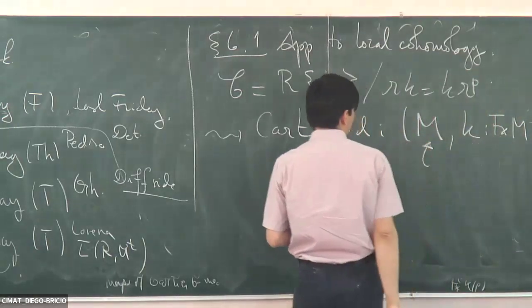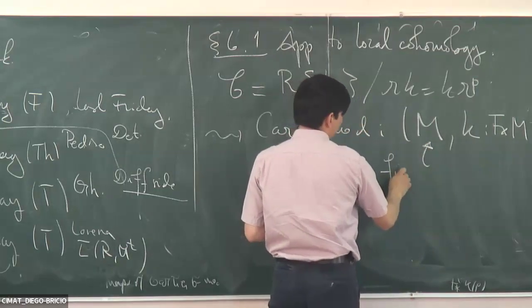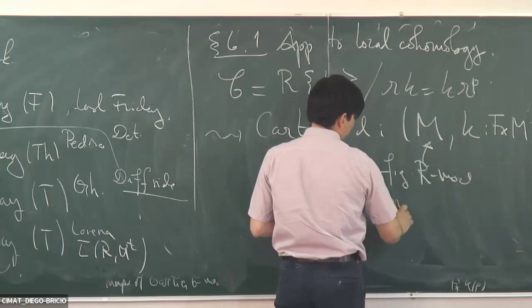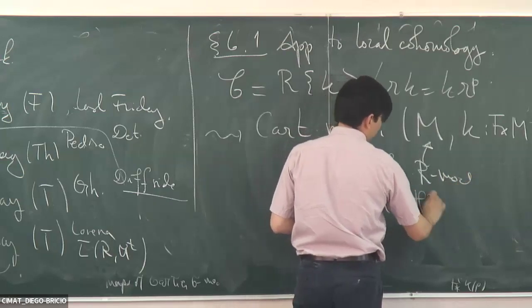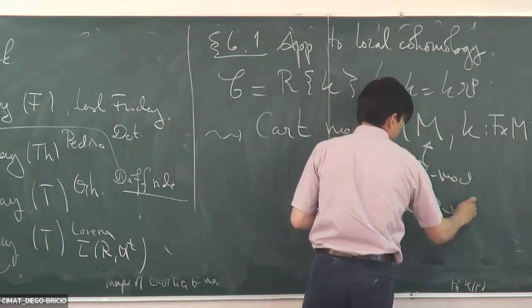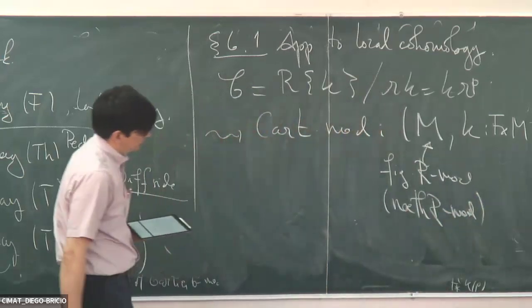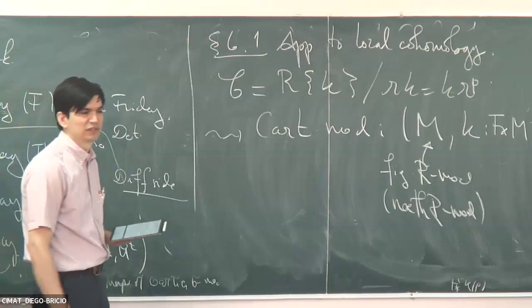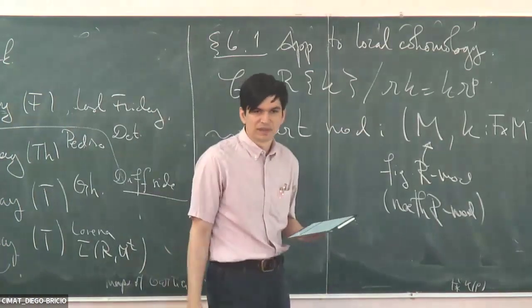Remember, as part of the definition, we want this to be a finitely generated R-module. This is the same thing as saying it is Noetherian. I don't know why people don't use this terminology more often. Instead of saying it is finitely generated, it's the same thing as being Noetherian.